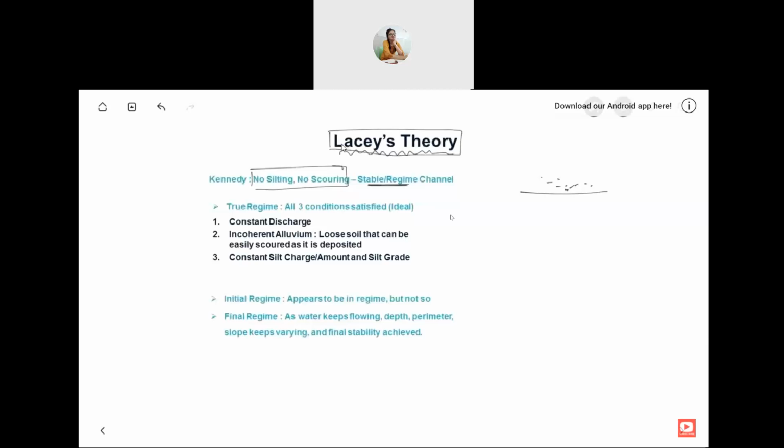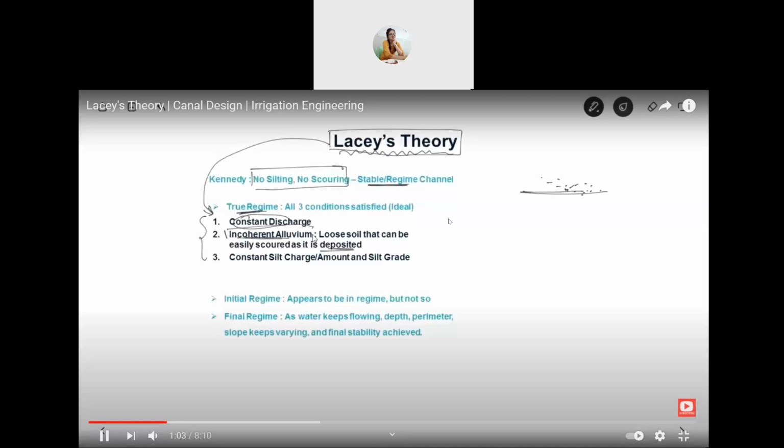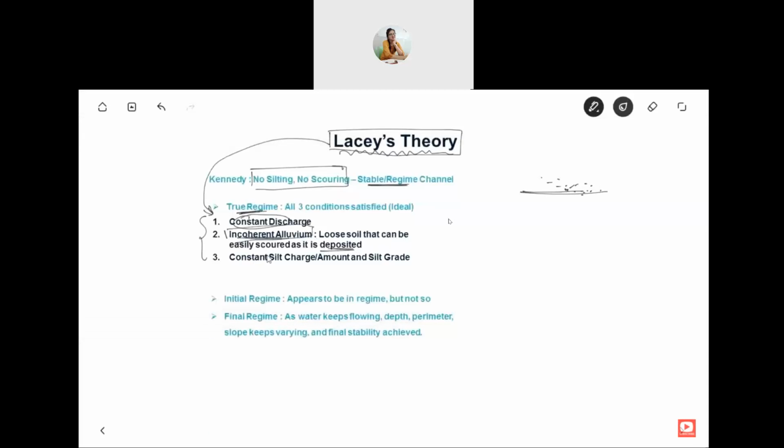The soil is very loose so that it can be easily eroded and it can be easily deposited as well. So the soil type should be of this kind. And also there should be a constant silt amount. And the silt grade also should be constant, that is the size of the particles, etc. So this is a very ideal condition which cannot be achieved.